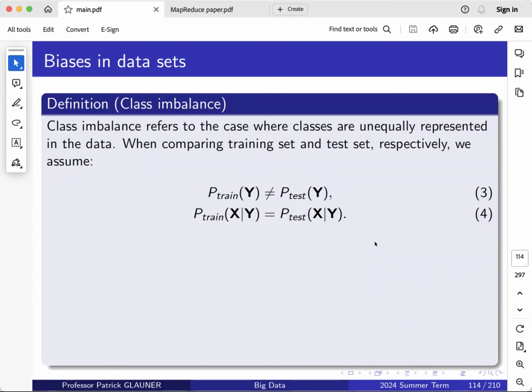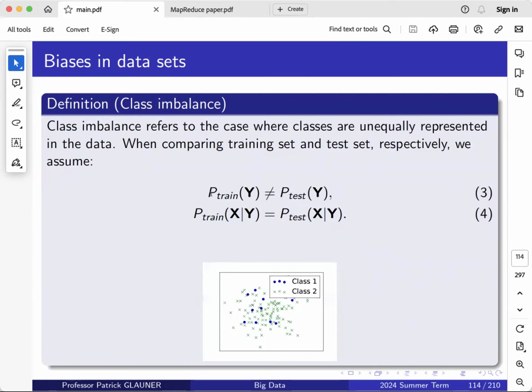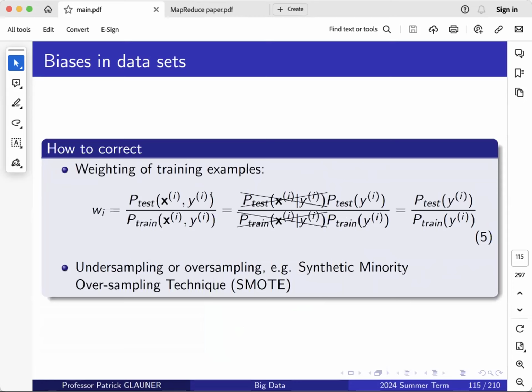Because we're now trying to break up this joint probability distribution. And we're saying, well, these conditional probability distributions are the same, but the label distributions are different. And if we do that, we can severely simplify the calculation of our weights.